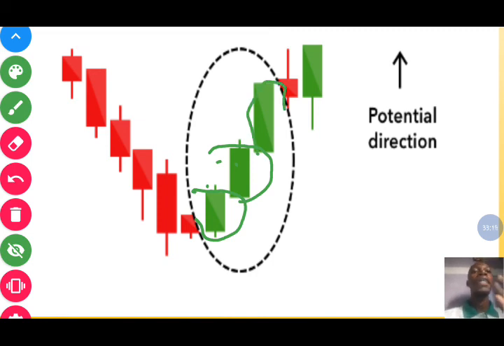The third candlestick too can have a wick, but it has to be very strong. It cannot be a small bodied candle. If the third candlestick is a small bodied candle, then it is not a three rising candlestick pattern. You have to leave it alone and look for other options.